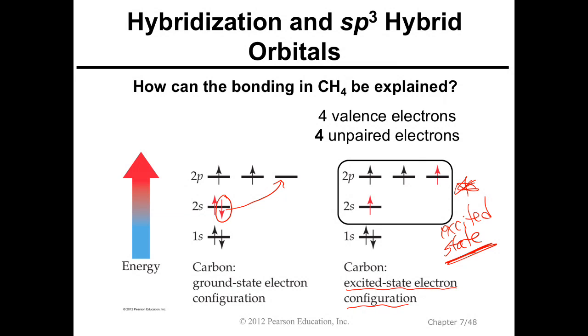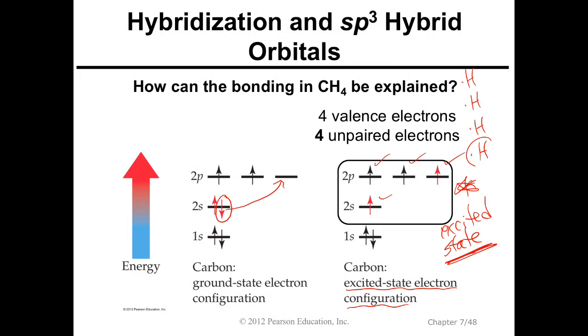All right, and now you can see that there are 4 unpaired electrons. This isn't yet quite what happens, because if you have hydrogens coming in, and you've got 4 of those that want to pair up, you're not going to have equal bonding.